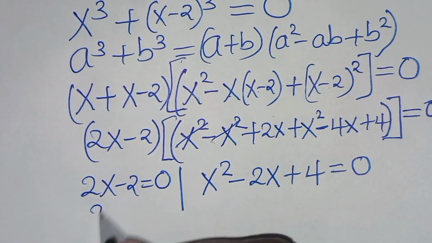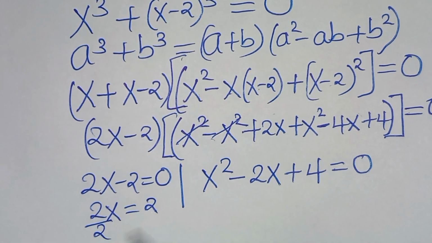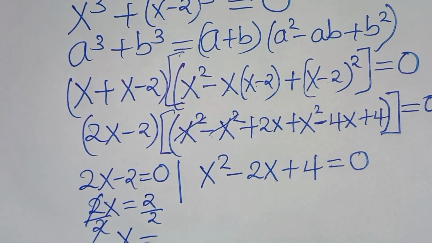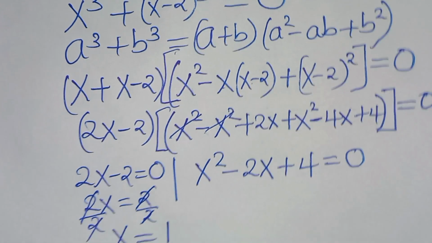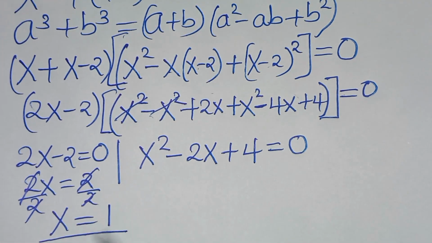Then from the first part we have 2x equal to 2. Let's divide both sides by 2, so that x is equal to 1. From the first part, x is equal to 1.